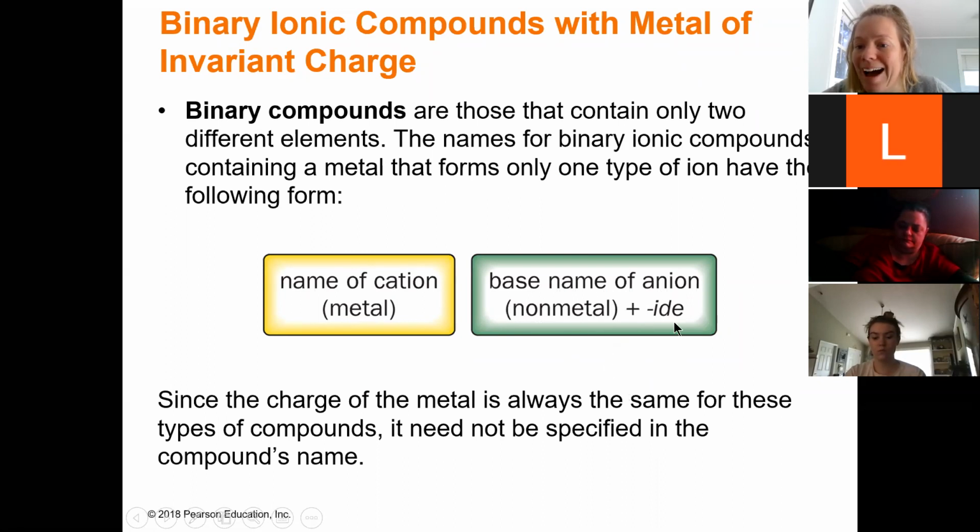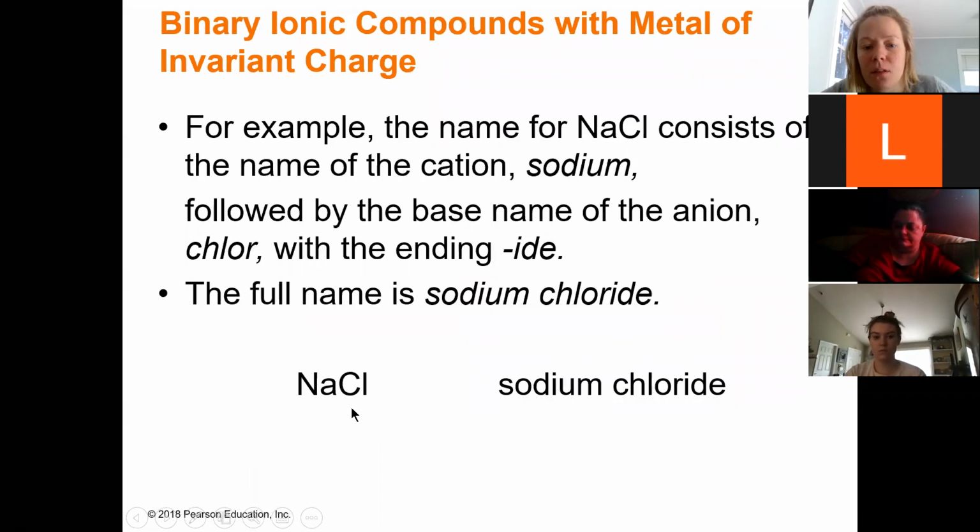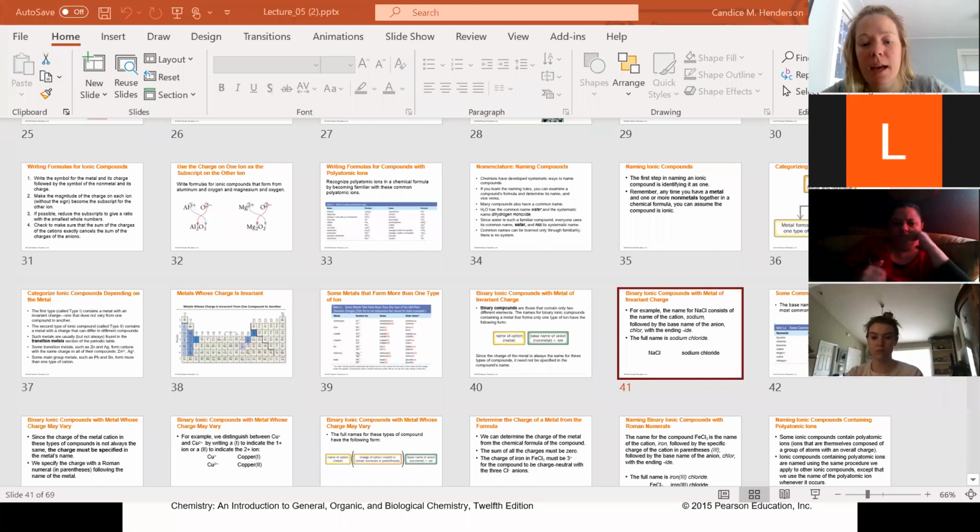Sodium chloride, right? So sodium and chlorine come together to form sodium chloride. So get in the habit of when you see IDE at the end, it's talking about the element chlorine. When you see ITE or ATE, those are polyatomic ions. So I want, let me show you.